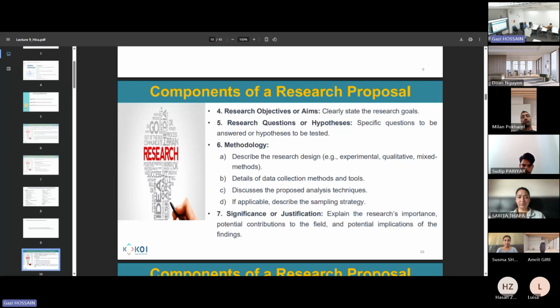But if it is qualitative, then we don't need a hypothesis. So for research questions, again, we will have 3 research questions. But these 3 research questions will not be exactly the same as our research objectives. They will be a little bit different. Some students have exactly the same research questions as their research objectives.